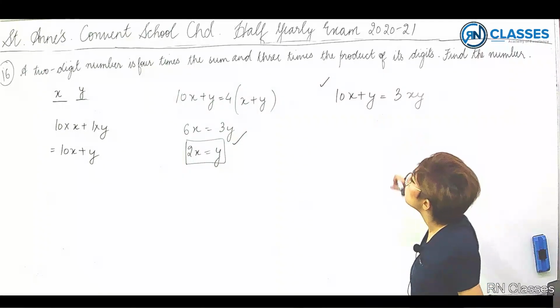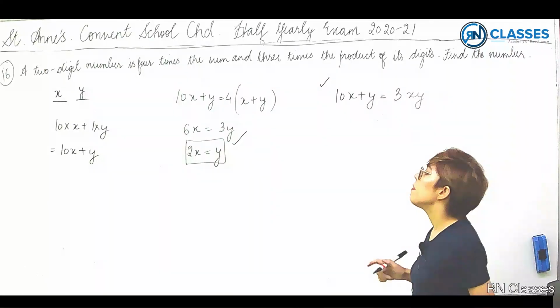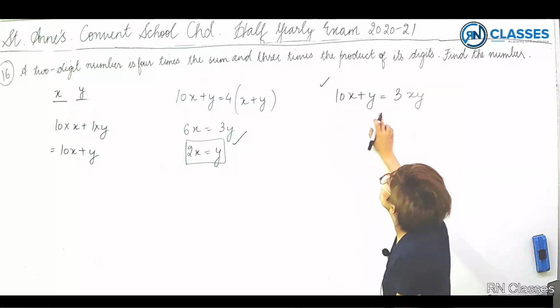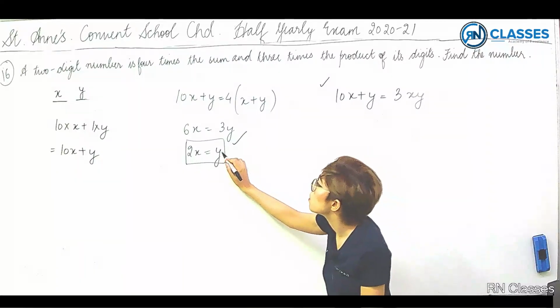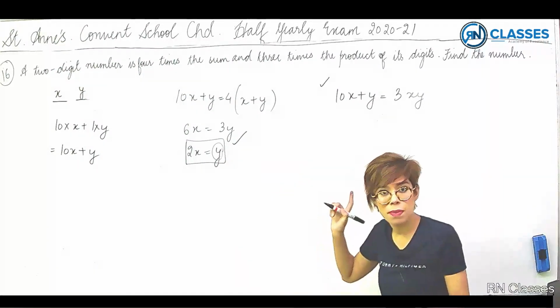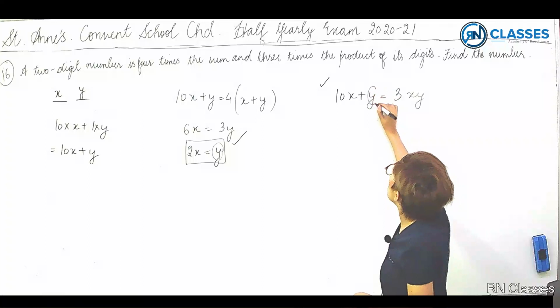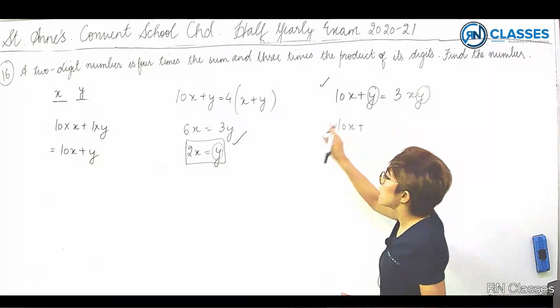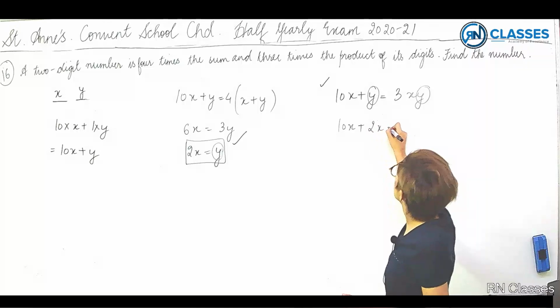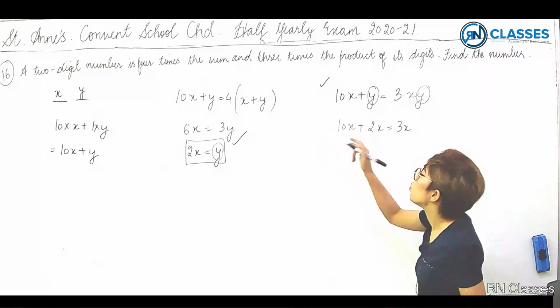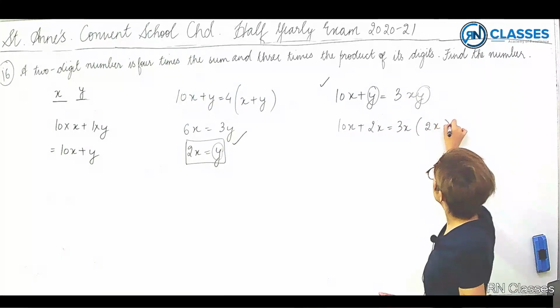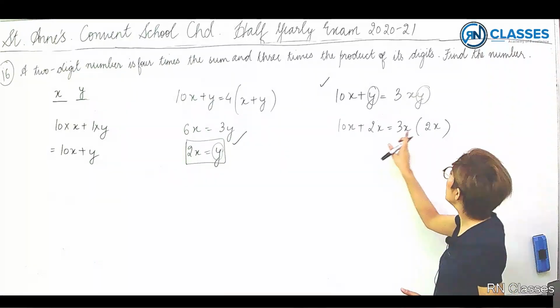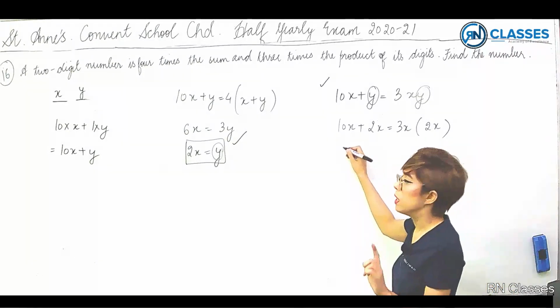So what I'll do is, if I get everything in terms of x, because it is very easy to substitute y as 2x. So I will substitute y as 2x. So let's see. So 10x plus y, that is 2x, equal to 3x into 2x. Obviously, I can cancel the 2 factor and I am doing that directly.